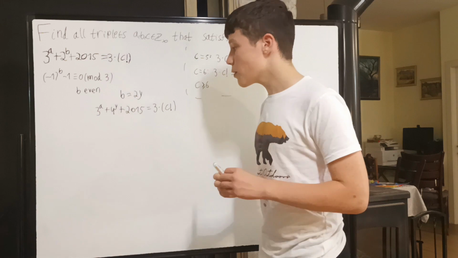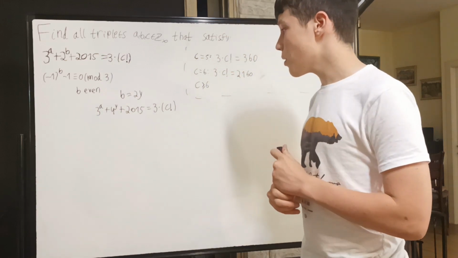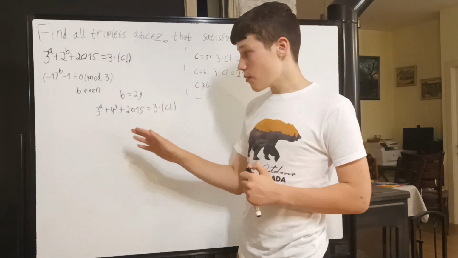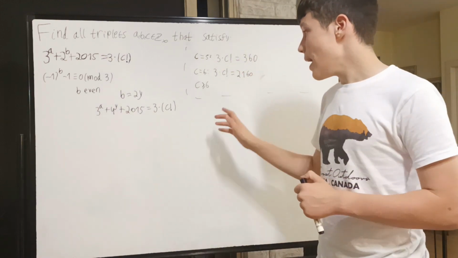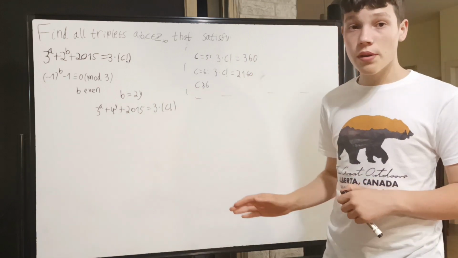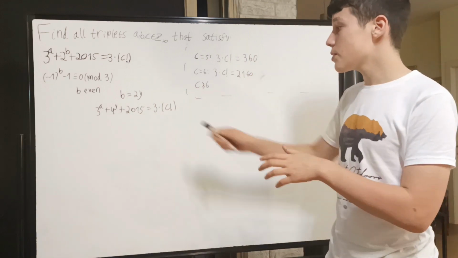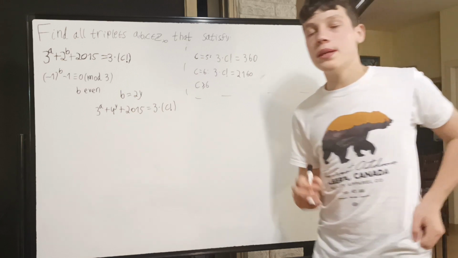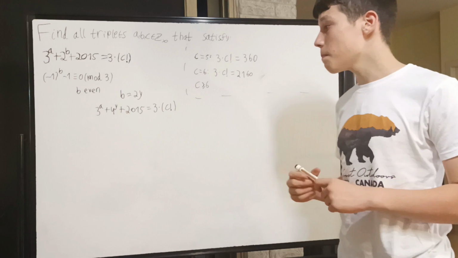Now, I'm going to do something similar. I'm going to do mod 4 on both sides. 4 to the A is 0 mod 4. And since C is bigger than or equal to 6, C factorial is divisible by 4. So 3 times C factorial will be 0 mod 4.